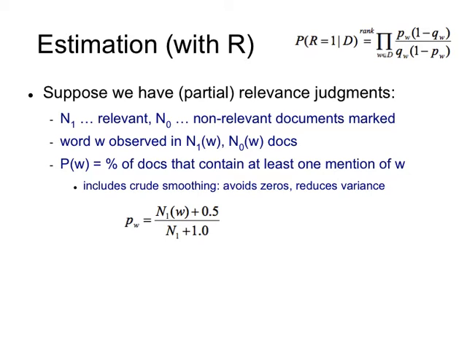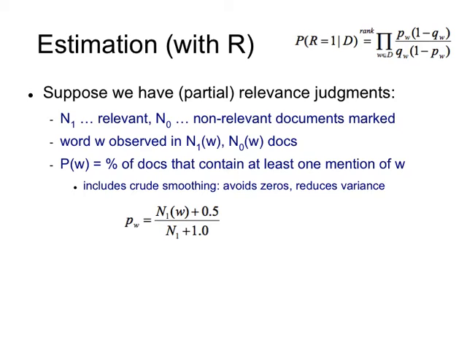If some word happened to occur in all the relevant documents that you had, then N1W would be the same as N1, and if I added the same component at the top and at the bottom, I'd get 1 for PW, and then 1 minus PW would be 0. And that's a bad thing, because that 1 minus PW then in the product is going to obliterate my whole score.